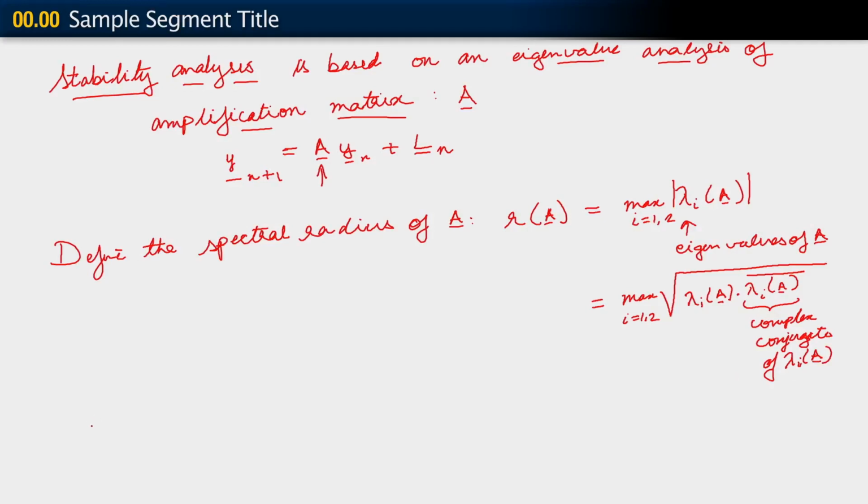Now, the condition for stability requires that R, the spectral radius, should be less than or equal to 1. Okay, the spectral radius as defined there should be less than or equal to 1. I'm going to say a little more about this condition.